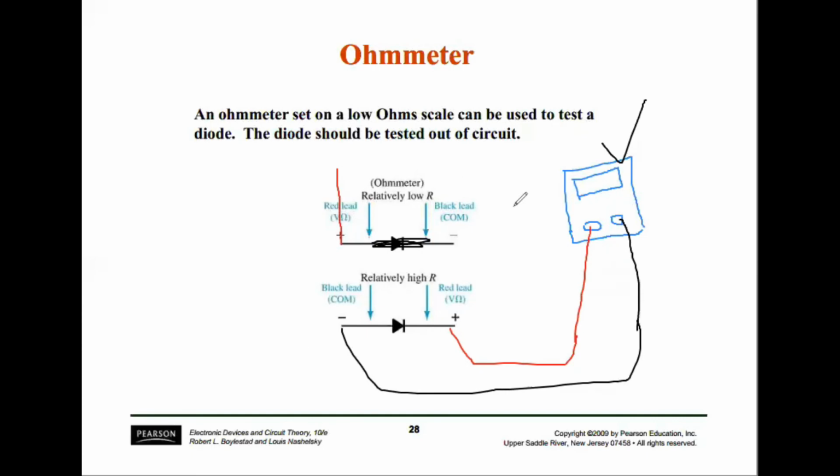It means the diode is fine and working perfectly. If in the reverse direction the resistance is high, and for the forward biasing the resistance is very low, the diode can be tested here.